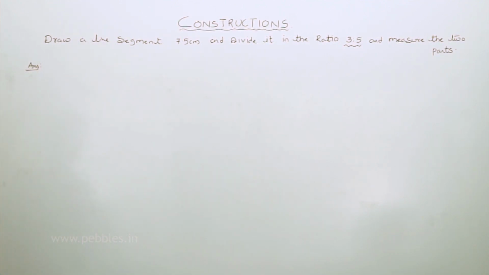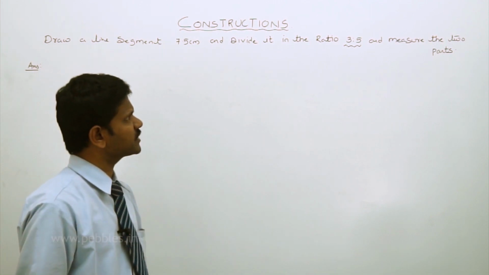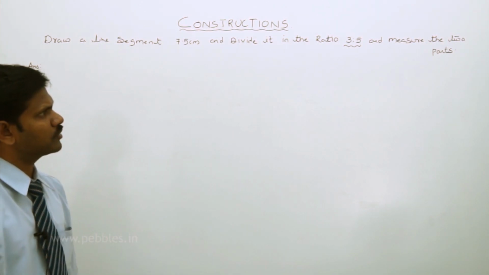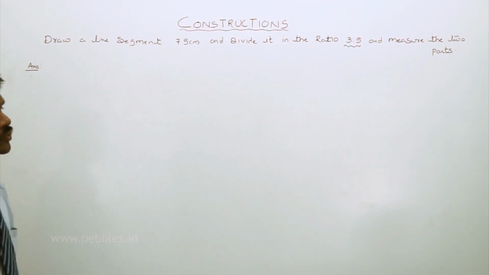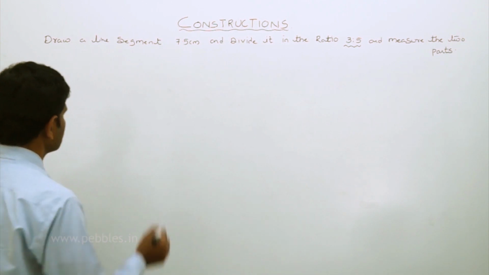Draw a line segment 7.5 centimeters and divide it in the ratio 3:5 and measure the two parts. Now this we can do in an alternate method.